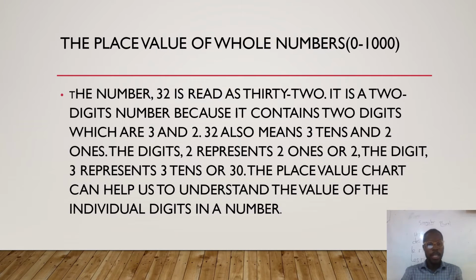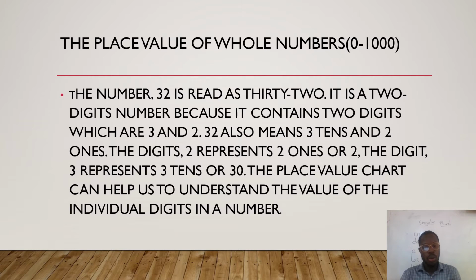Now, the place value of a whole number, or place values of whole numbers. The number 32 is read as thirty-two. That's the number name, thirty, then two. It is a 2-digit number because it contains 2 digits, which are 3 and 2.